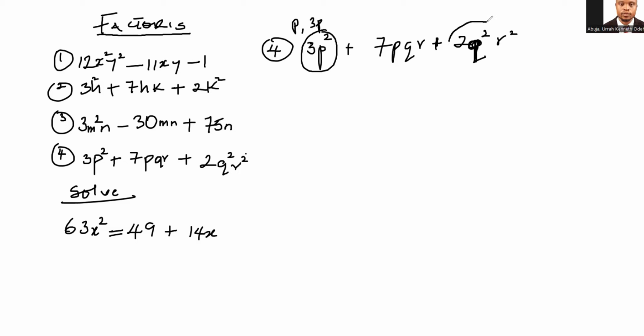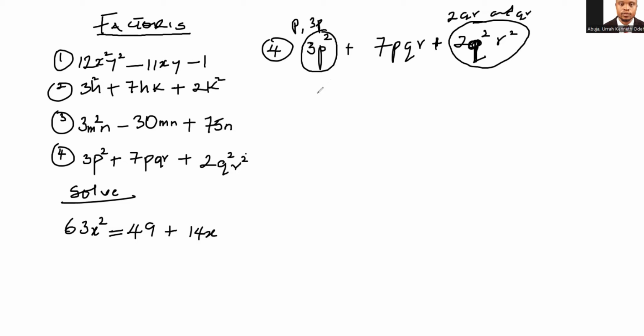Now coming to this, what do we have here? What are the factors here? The factors here are 2qr and qr. Now it's like this because we have q times q gives us q squared, r times r also gives us r squared.